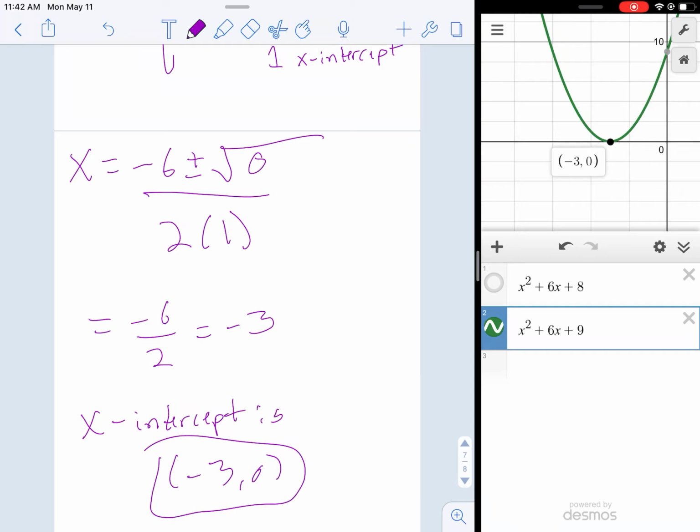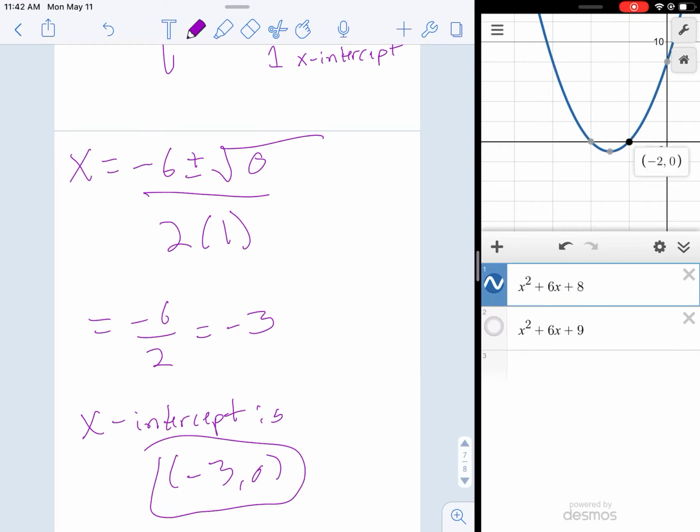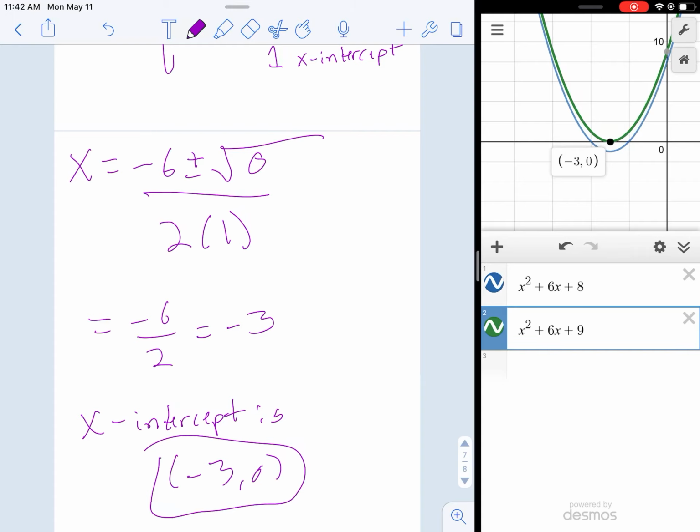The only difference between this problem and the last problem is we changed that 8 to a 9, and so changing that 8 to a 9 shifted the graph upwards. So the blue parabola had two x-intercepts, and the green parabola had only one.